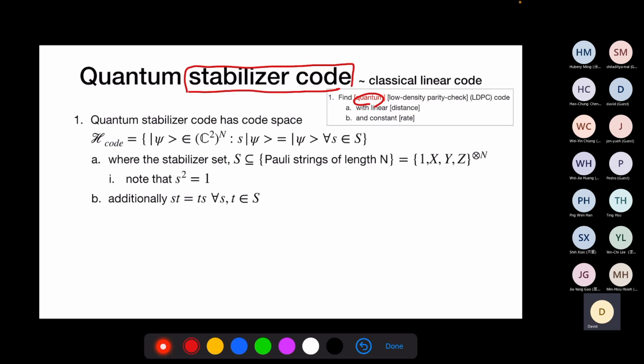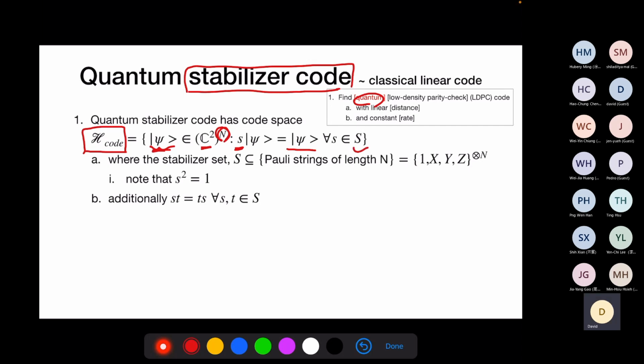Every time we want to talk about a code, we have to tell you what the code space is. In this case, the code space is a Hilbert space, and these are the code words. Your code words live on n qubits, and you have n copies of them. What these code words have to satisfy is that after applying S, you return the same state.